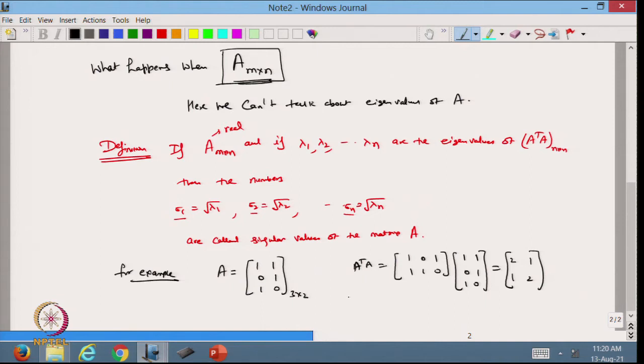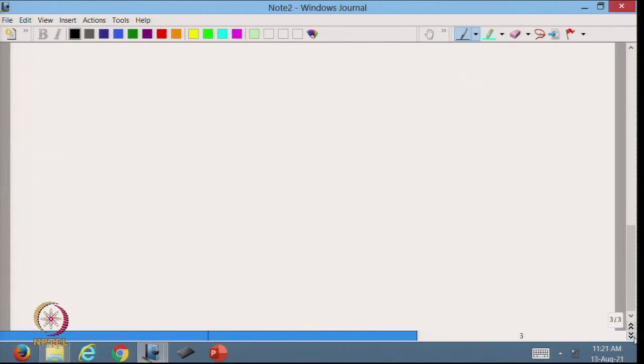Now, from here I found that the eigenvalues of A transpose A are 3 and 1. From here I can write sigma 1 as root 3 and sigma 2 as 1.